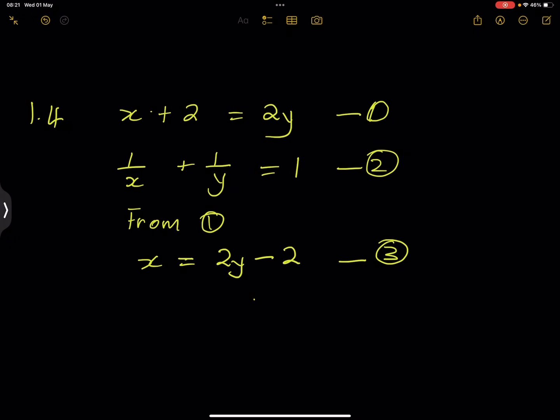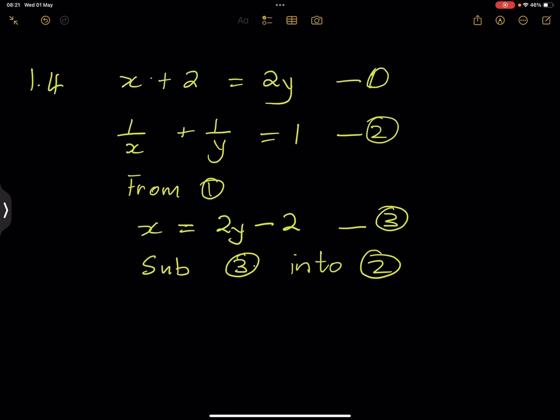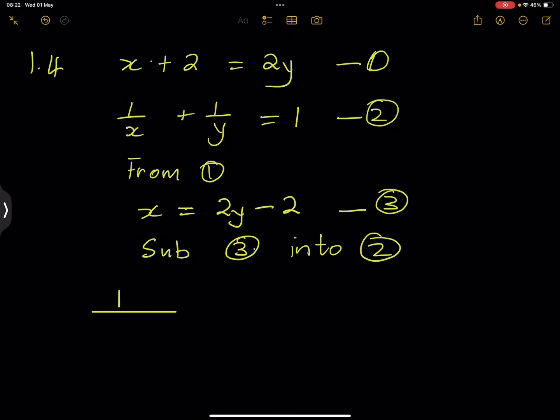Now, let's substitute equation 3 into equation 2. Please remember, when you substitute, I substitute into the equation that I did not manipulate from. So this will be 1 over, everywhere I see x, I'm going to substitute 2y minus 2.